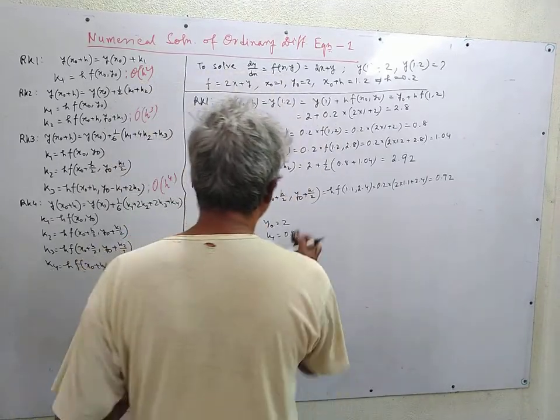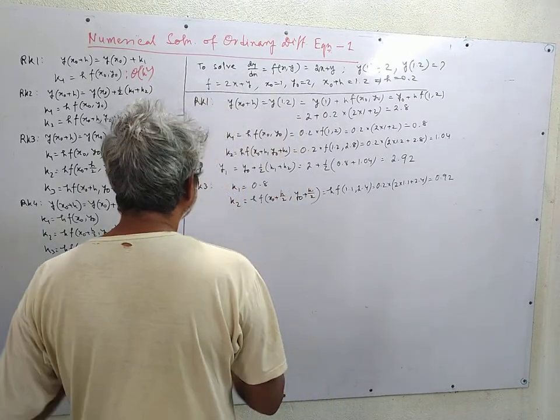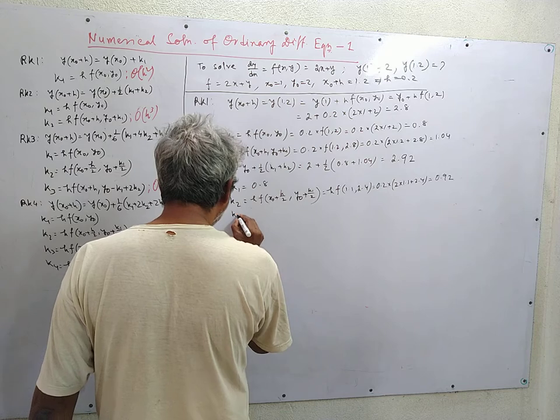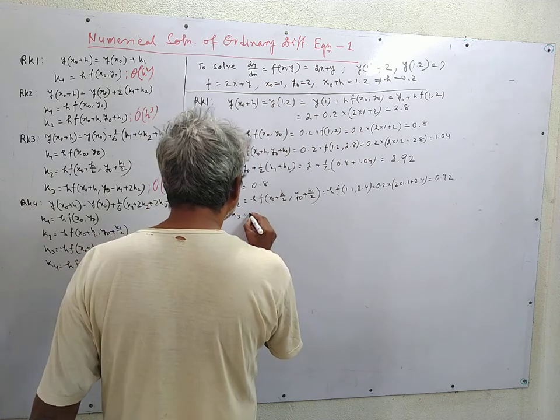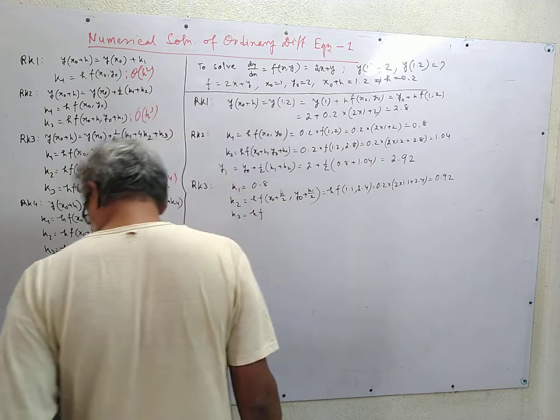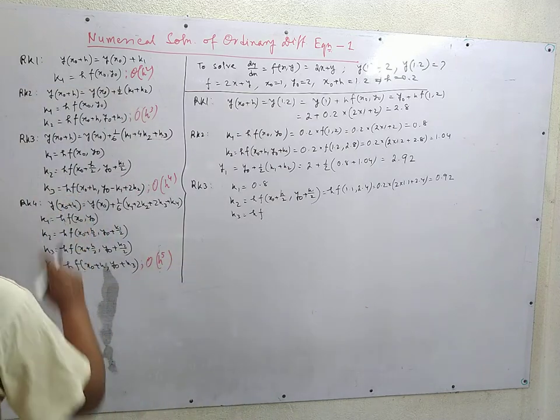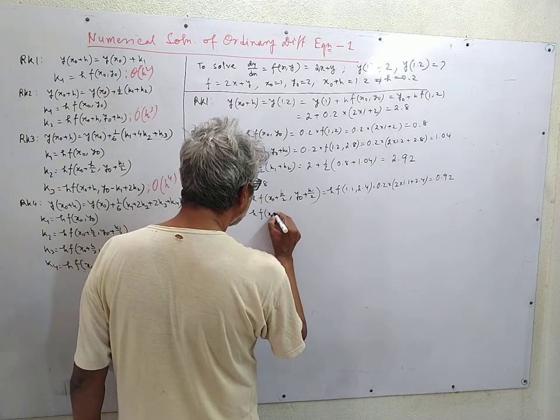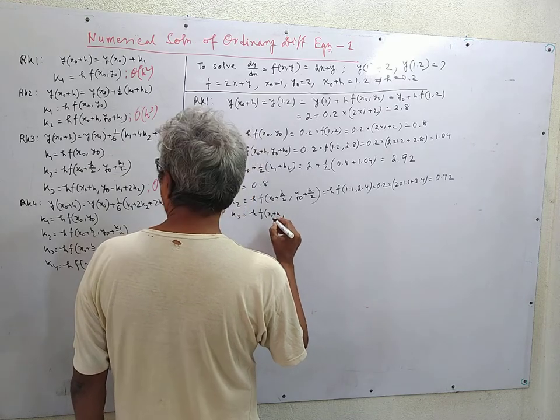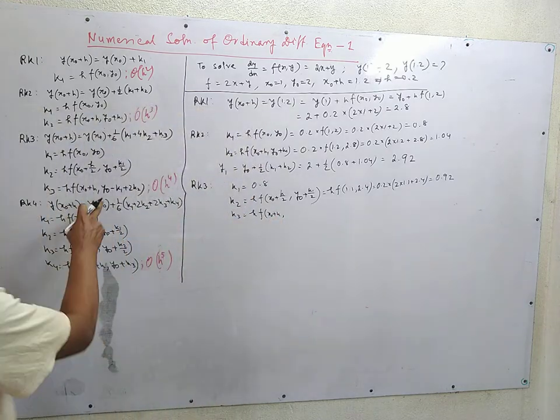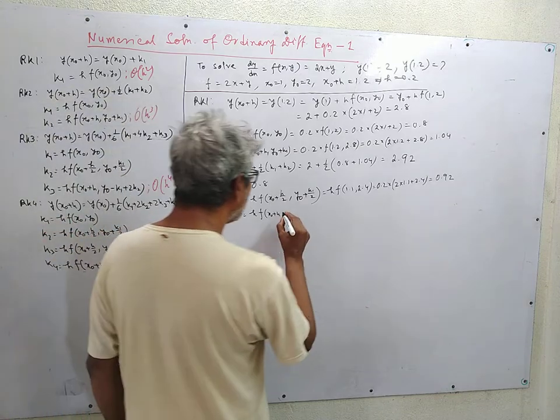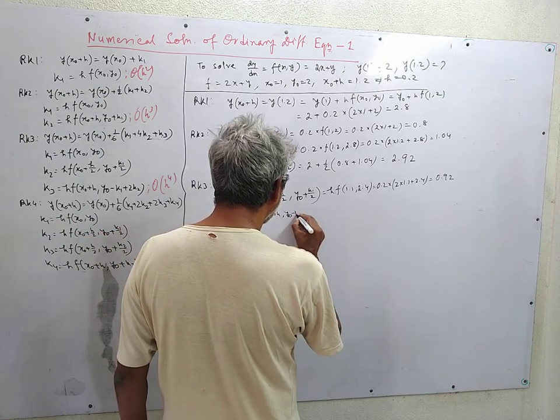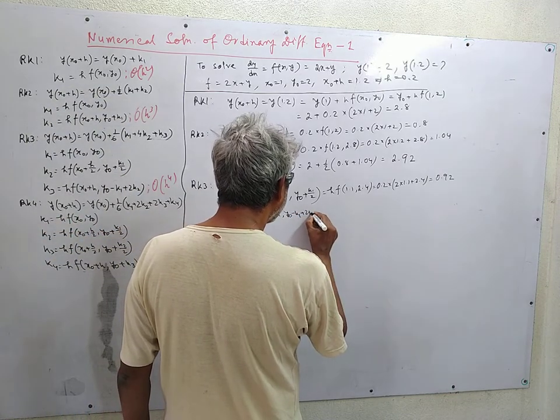Now come to calculation of K3. K3 is h f of x0 plus h, y0 minus k1 plus 2k2.